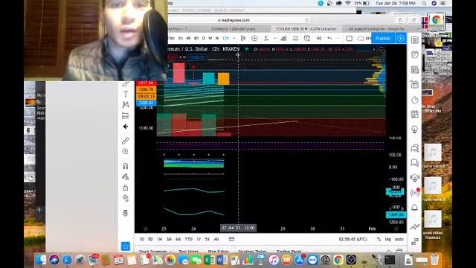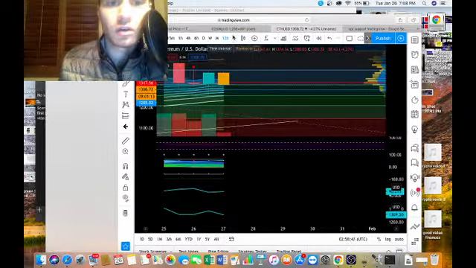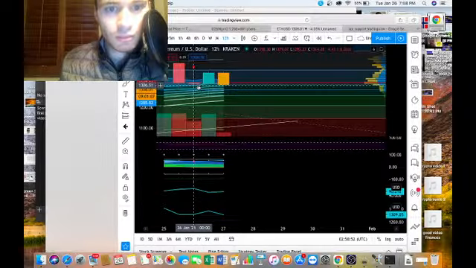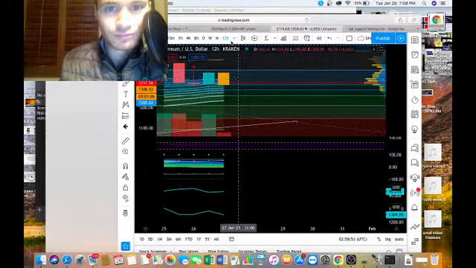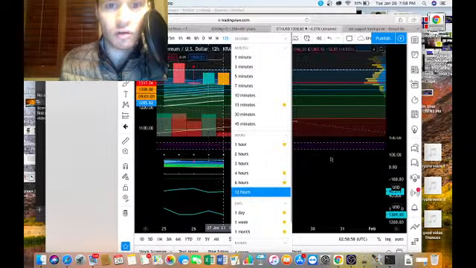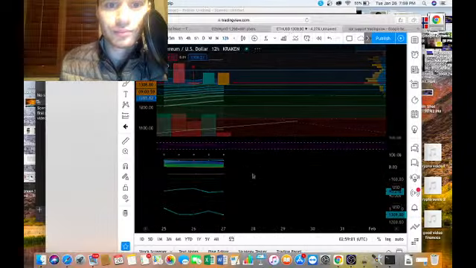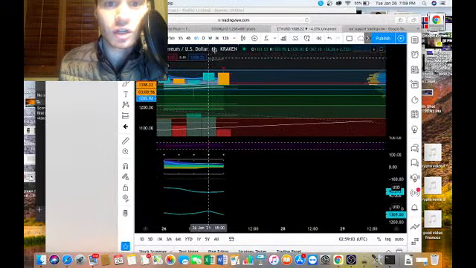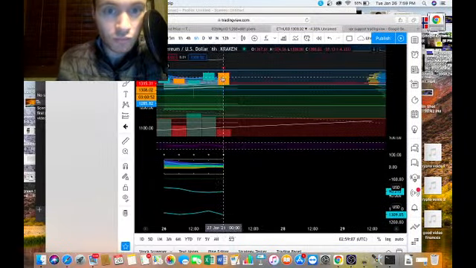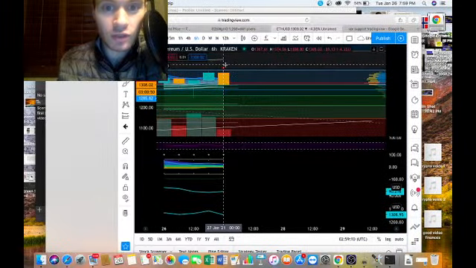Same on the 12-hour, we have that bearish engulfing and this bearish morning star. But then this is entirely bullish engulfing, and that really shows consolidation on the 12-hour. And then again, the 6-hour, and then you have this red cross.